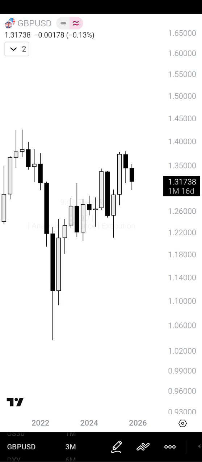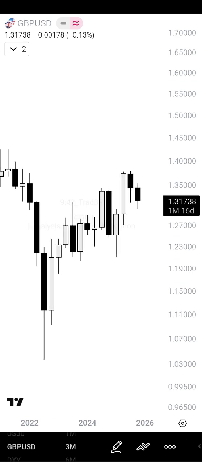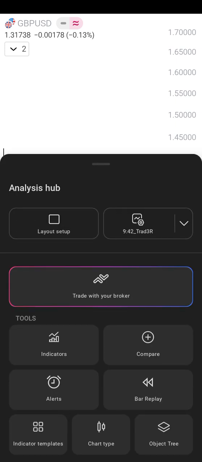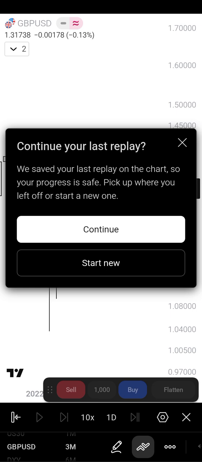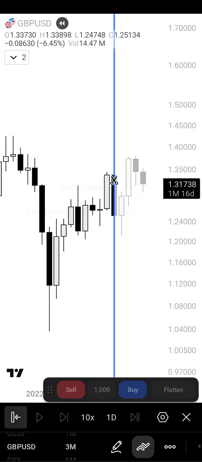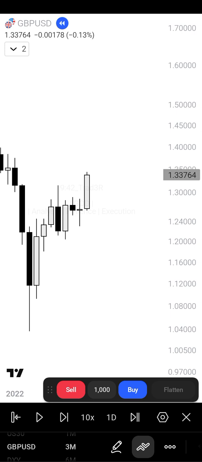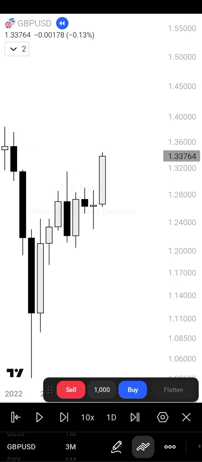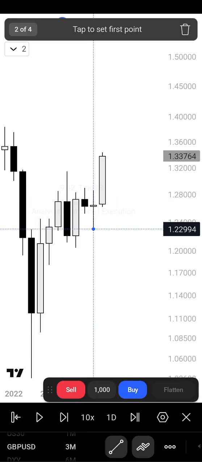For example, if we look at this area here, let's bar replay based on hand size. If we take price back here, we can see that on the higher time frame, price is bullish. Now the narrative is what? We are rejecting the old lows.